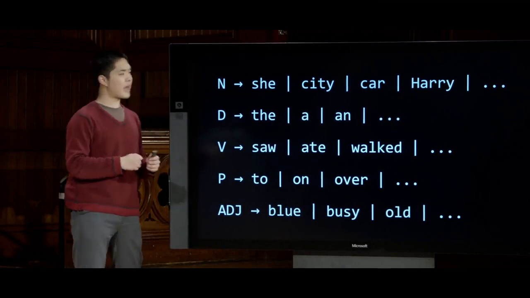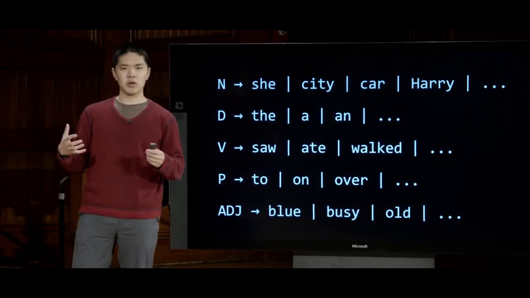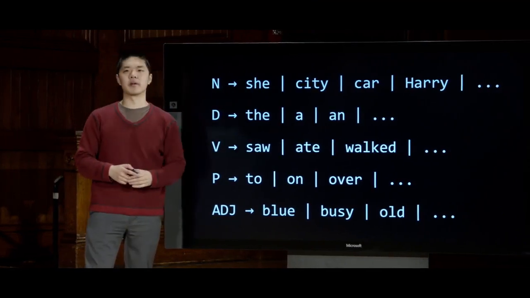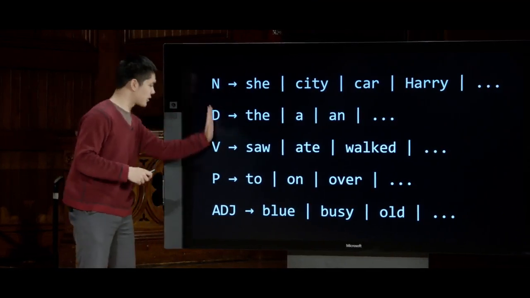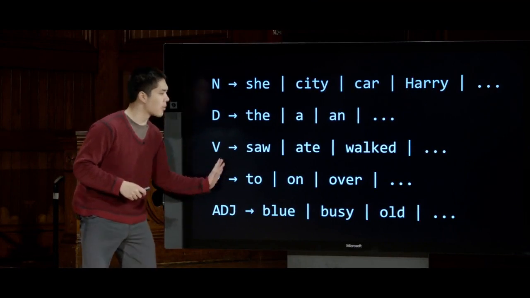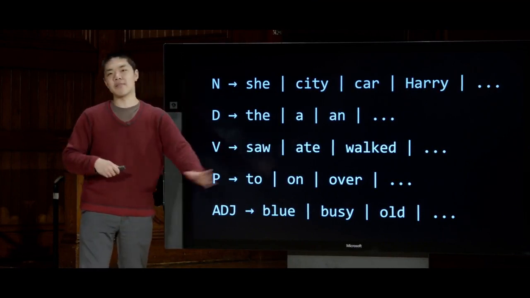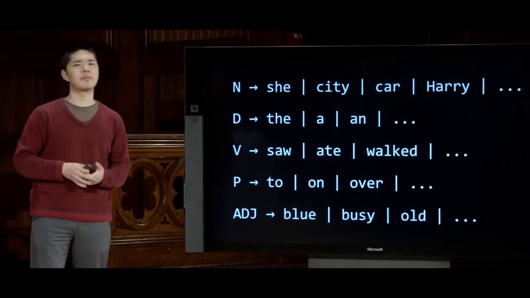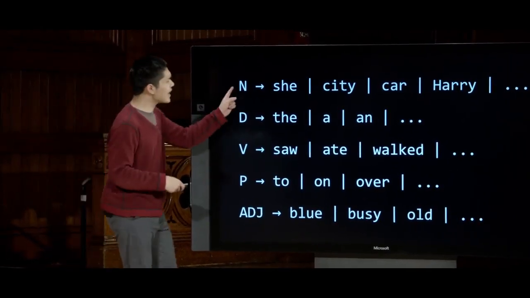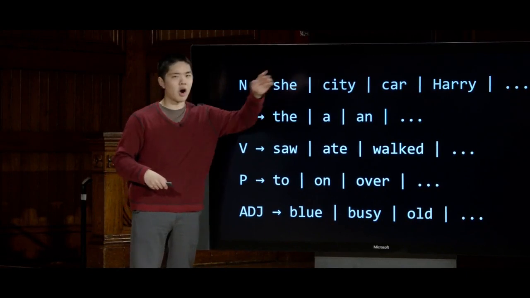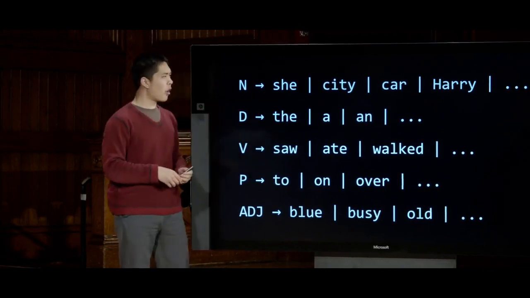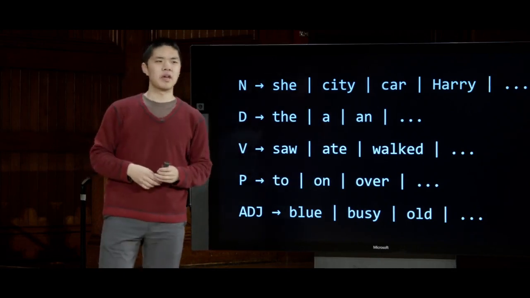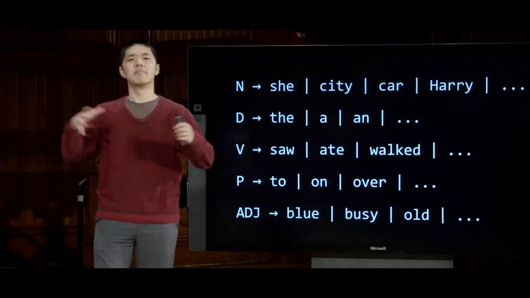But it turns out we can then begin to construct other rules where it's not just one non-terminal translating into one terminal symbol. We're always going to have one non-terminal on the left-hand side of the arrow, but on the right-hand side of the arrow, we could have other things. We could even have other non-terminal symbols. So what do I mean by this? Well, we have the idea of nouns, like she, city, car, Harry, for example. But there are also noun phrases, like phrases that work as nouns, that are not just a single word, but that are multiple words, right?